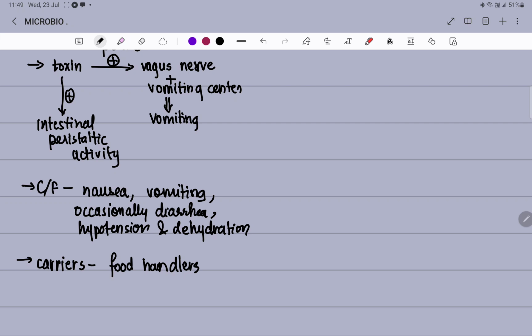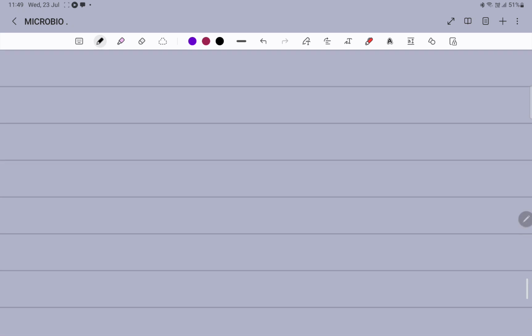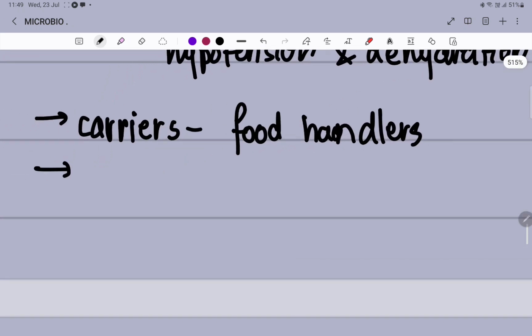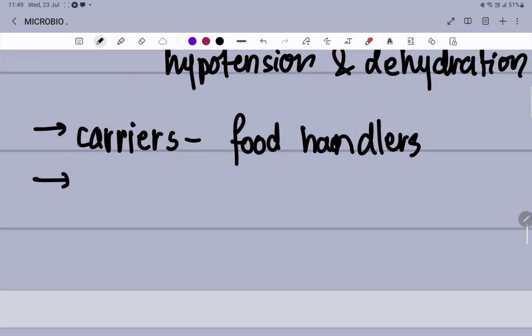Now we have to talk a bit about the serotypes of Staphylococcus aureus. Generally lab diagnosis is not done in case of Staphylococcus. It's a very common infection, but we still need to know the serotyping.